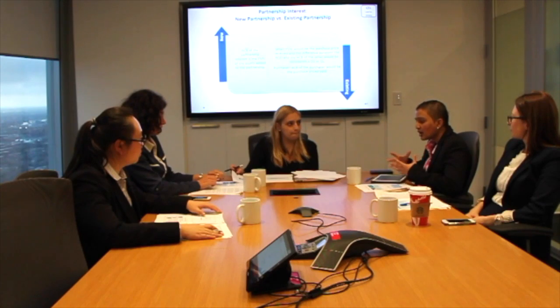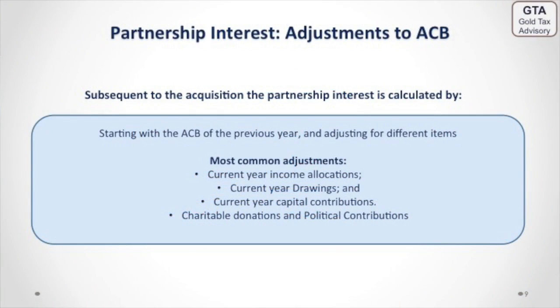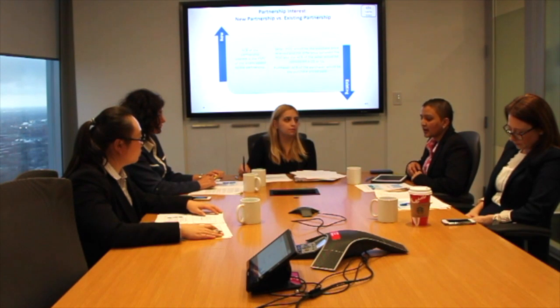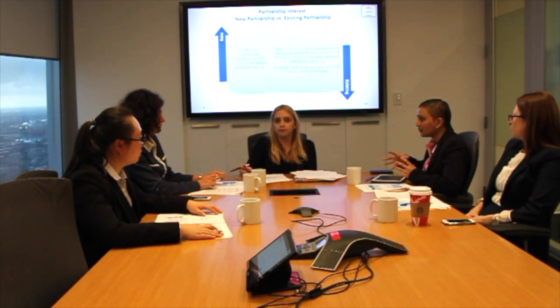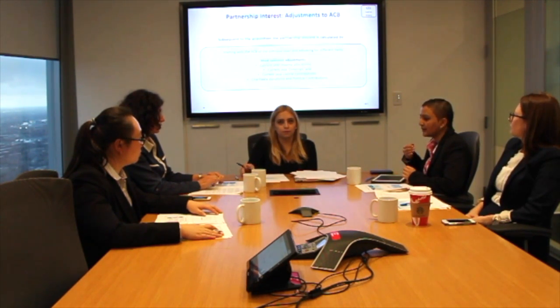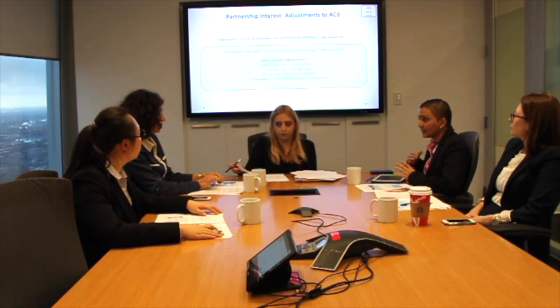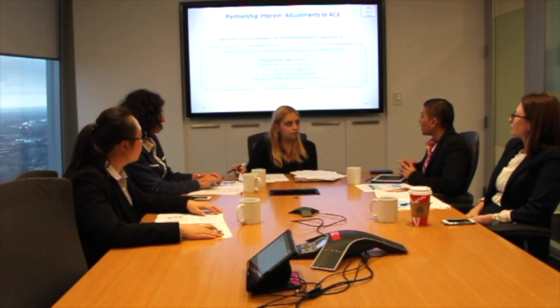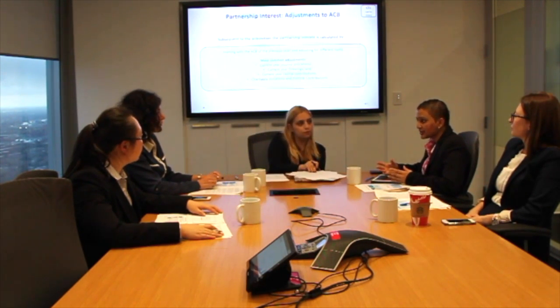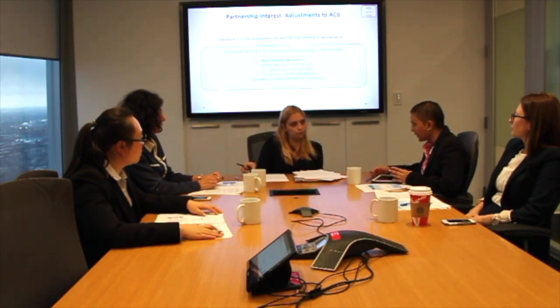So the most common adjustments we make to the adjusted cost base are the income allocations, the current year drawings, and the capital contributions. The difference between them is that capital contributions are added when they occur and withdrawals are deducted when they occur. The rest of the adjustments are done at the following fiscal year end.